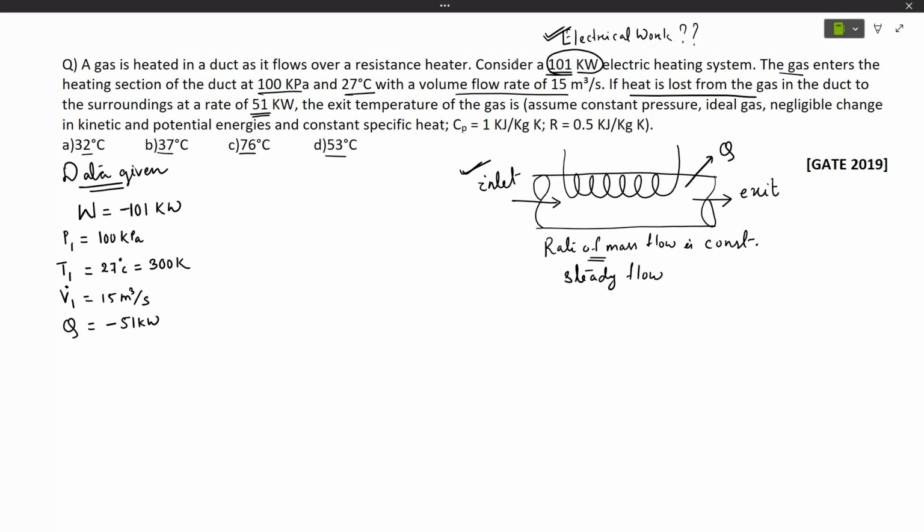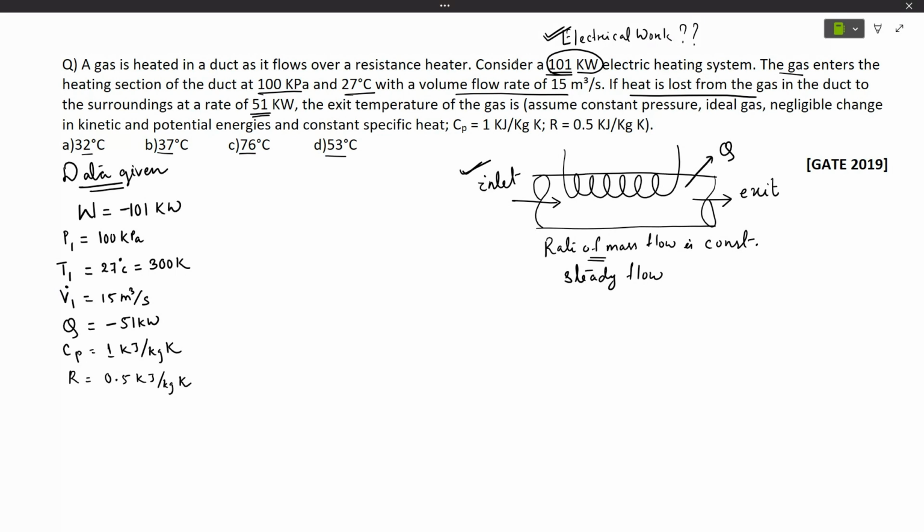That's why we consider the minus sign. Next data is Cp equal to 1 kilojoule per kg Kelvin. Next data is R equal to 0.5 kilojoule per kg Kelvin.